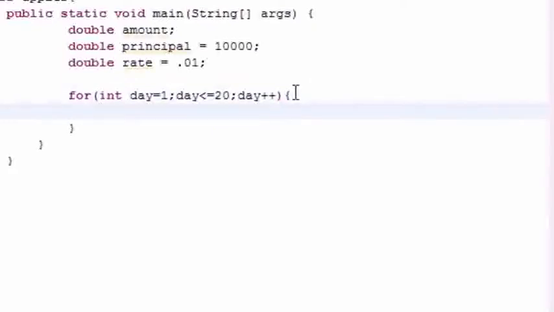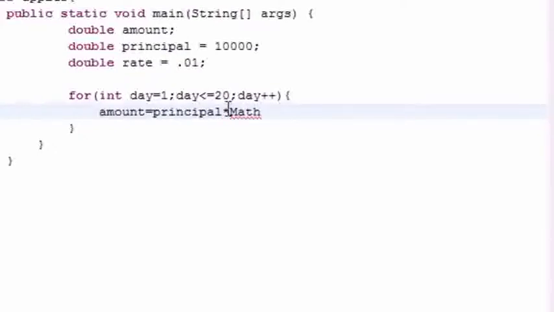Now let's get the good stuff. We want to solve for amount, so that's what we're going to be setting equal to, since we don't know what it is yet. But we do know the formula for it. It's principal, and make sure you type these right, times something to the power, and this calls for an outside method that's Math.pow.